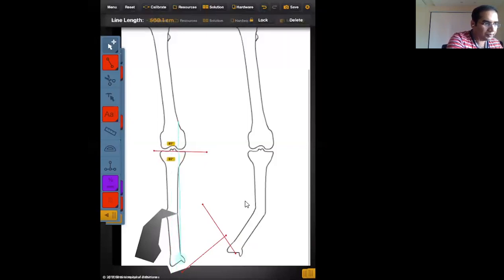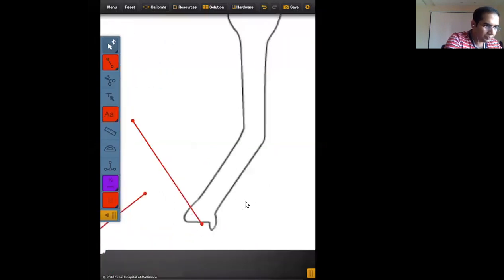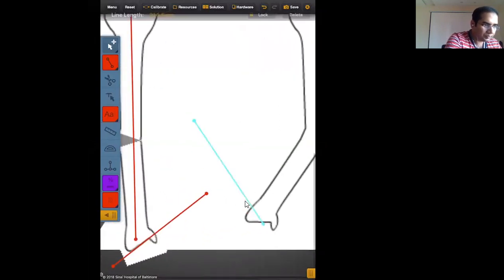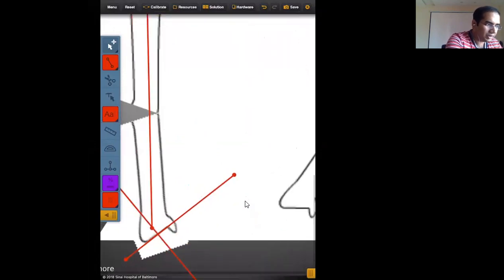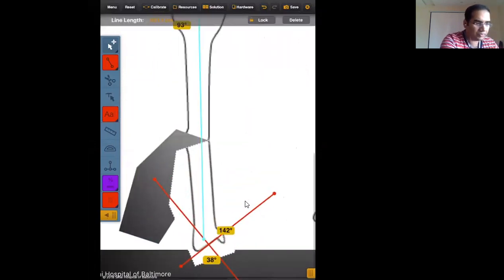Again an 87 degrees line. Reference line of the ankle. And lateral distal femoral angle of 90 degrees. Now we can see that this is the location of the deformity with 38 degrees of magnitude.